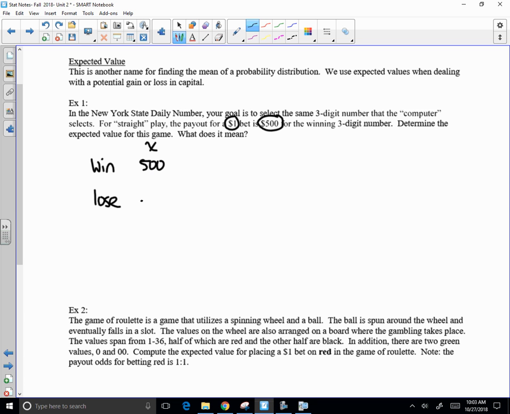If you lose, you lose $1. All right? So we're going to assume you get your wager back if you win. That's not always true. Right? In a lot of cases it's true. It's true frequently enough that it's worth making that assumption.